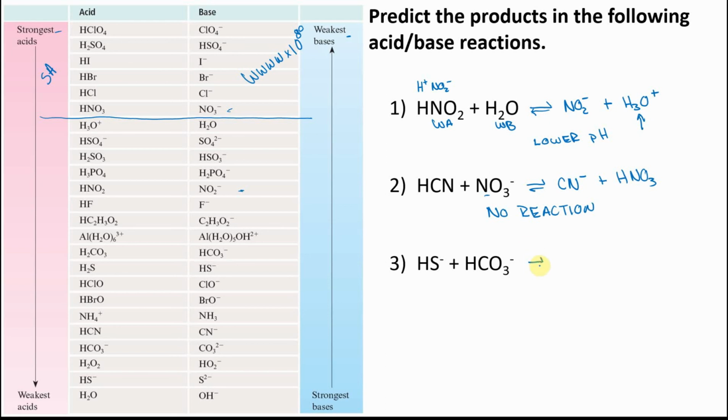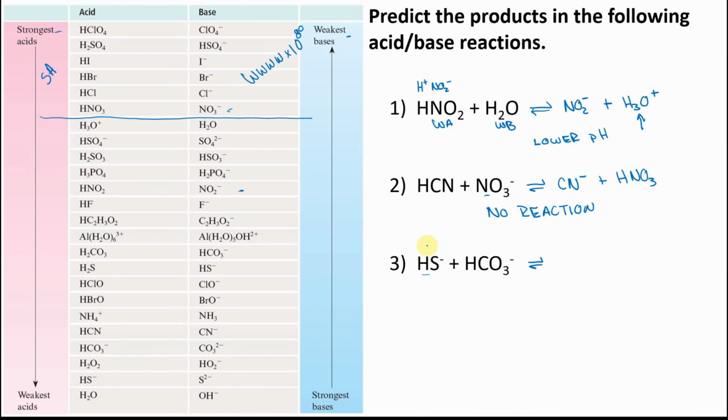Well, I see two amphoteric things. I have my HS minus, which can donate a hydrogen, and my HCO3 minus, which can donate a hydrogen. HCO3 minus, I can remind myself, is not part of my strong acids. So that means it can go both ways. So let's write out both reactions.